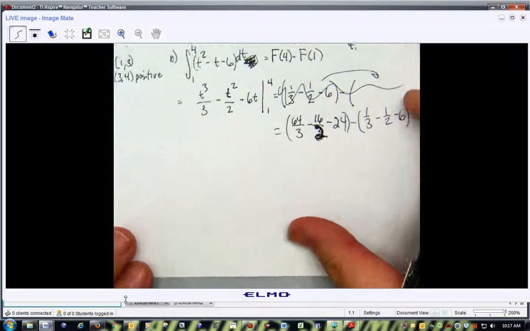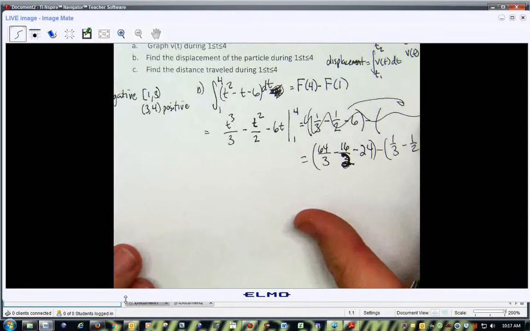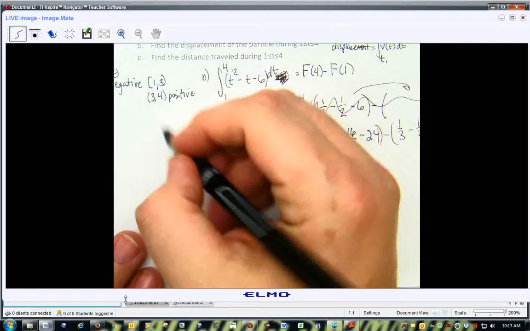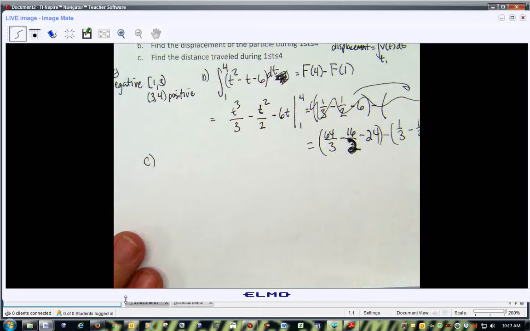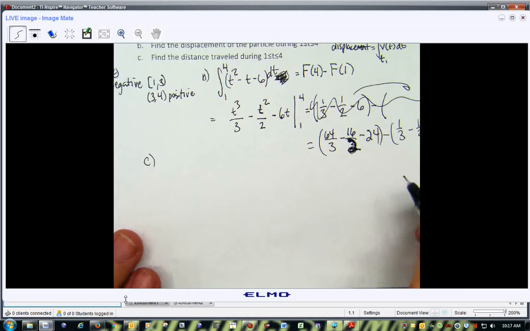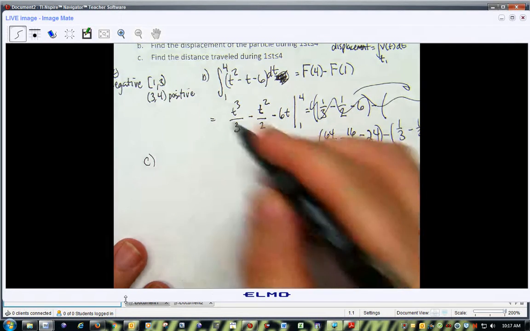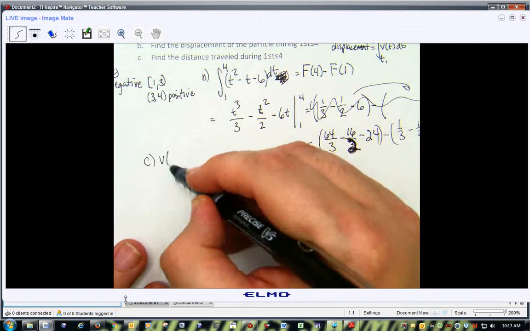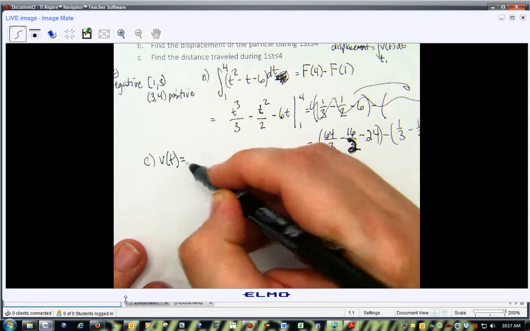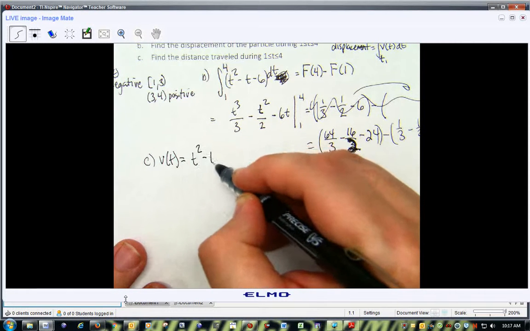Now, part C, when we're talking about displacement, here's what we would end up doing if we didn't have a graphing calculator. Take your function. V of t is equal to t squared minus t minus 6.